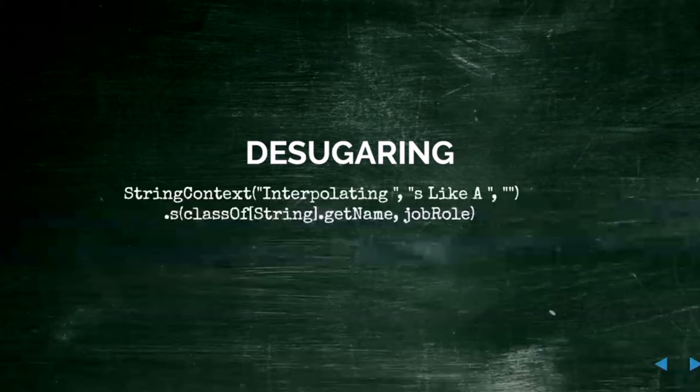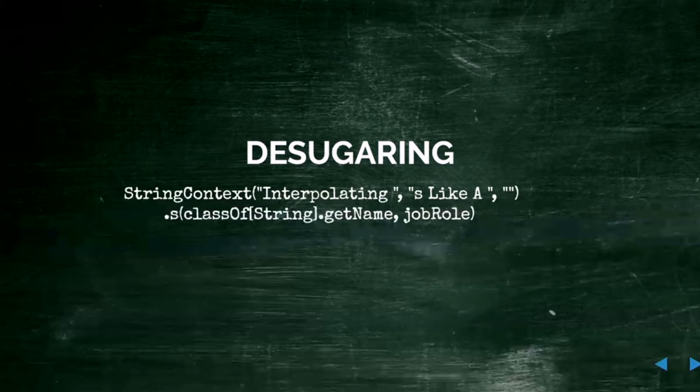It will transform it into this. We have a new string context object created. This is a case class with parameters, which are always string literals, and they're the bits of the string that are known at compile time. They're the constant bits.